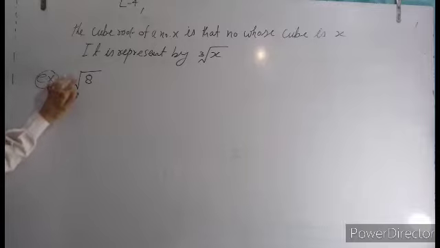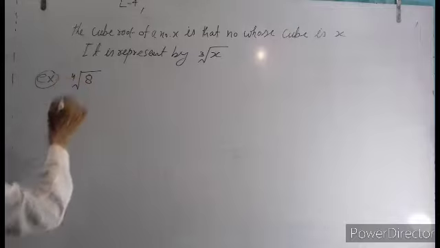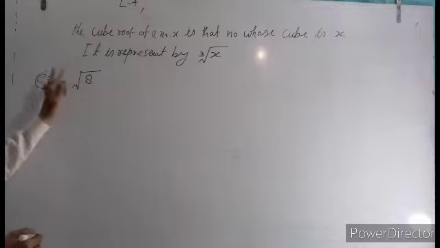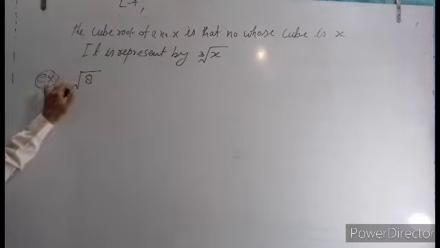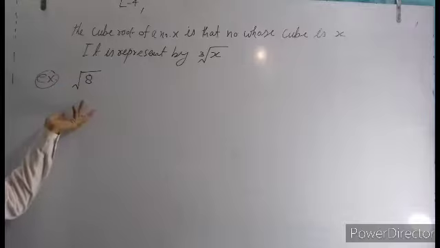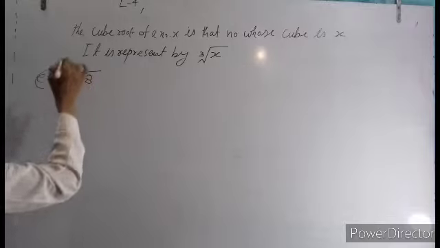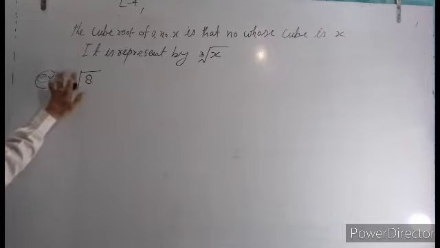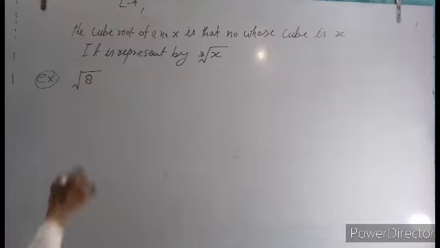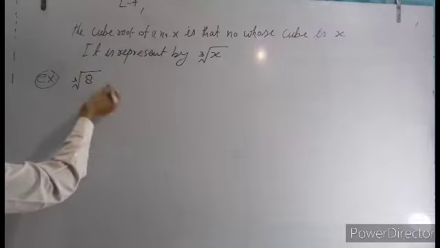If the number is 4, it means fourth root. If there is no number, it means square root. If there is a 2, it is also a square root. But if 3 is written, it means cube root.